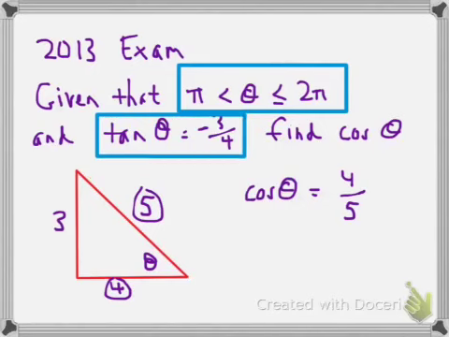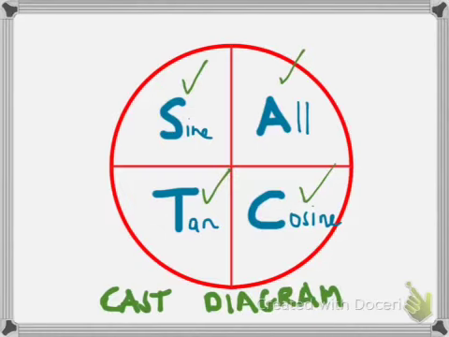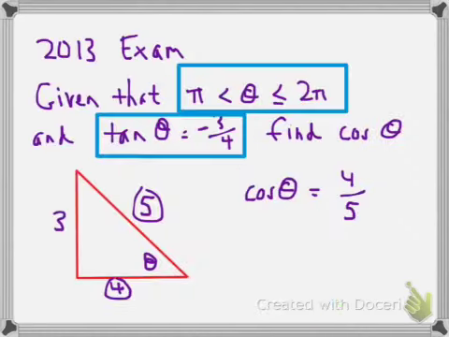Now, because tan is negative, that means our angle cannot be in third quadrant. Why? Because tan is positive in third quadrant. So this missing angle that we've got is not, even though we're given that it could be between pi and 2 pi, this angle is in the fourth quadrant. So theta is in fourth quadrant.